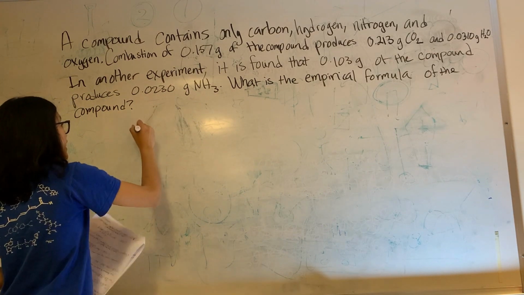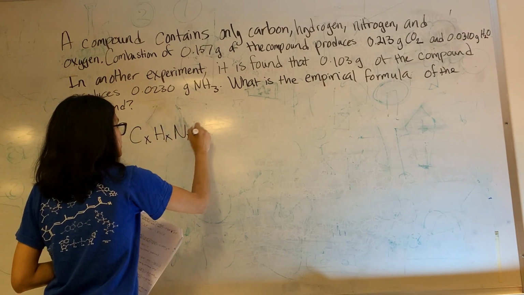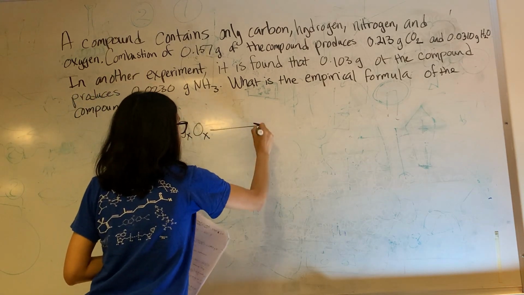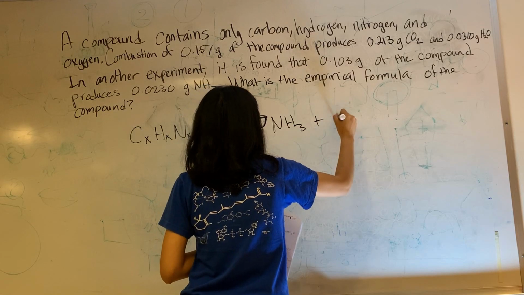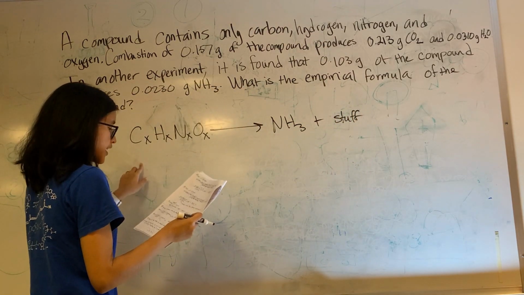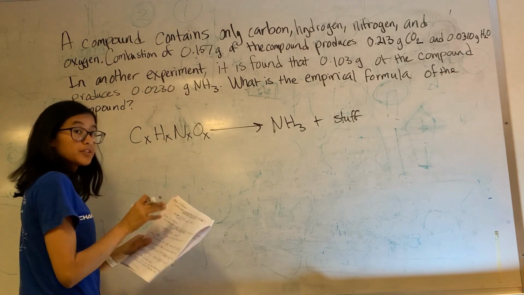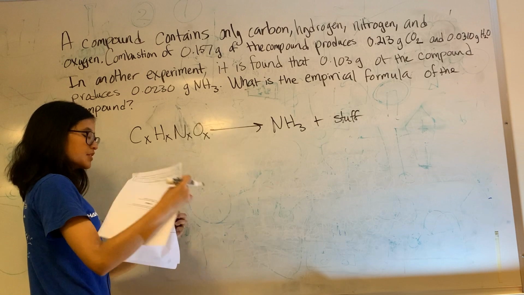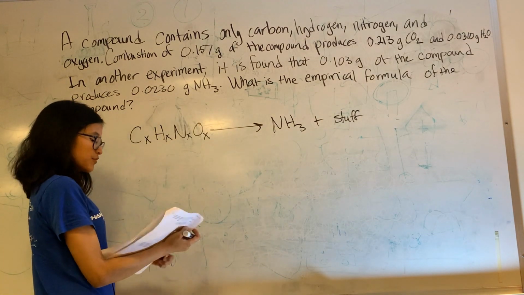So the second reaction starts off with the same material, our mystery compound here, but now it's going to ammonia plus some other stuff. Again, we're going to assume the whole sample, and remember this is a different sample because it's a second experiment, so they gave us a different mass.